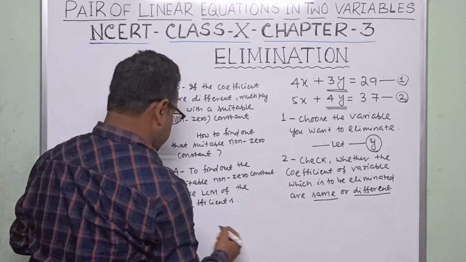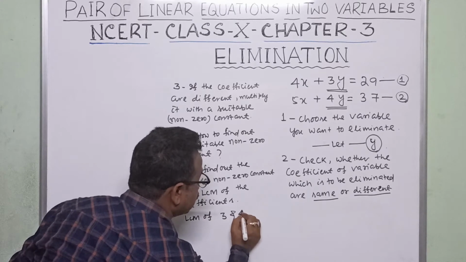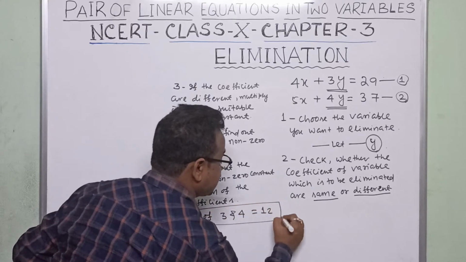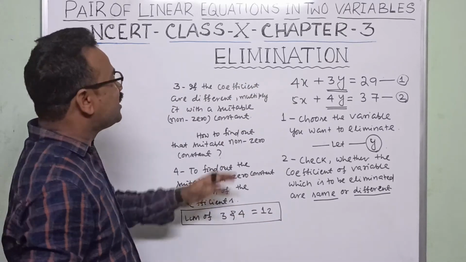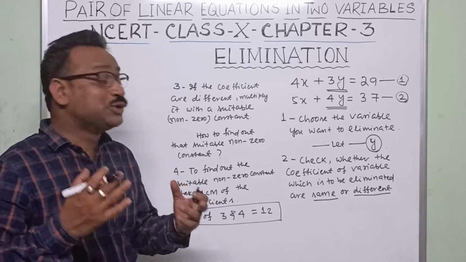Now here the LCM of 3 and 4 is equal to 12. Here in my case, in the equations I have taken, the LCM of 3 and 4 is 12. Now after getting the LCM, what will I do?